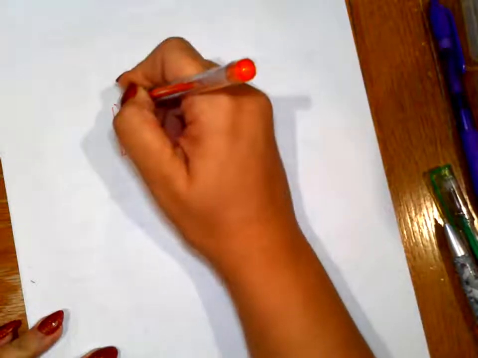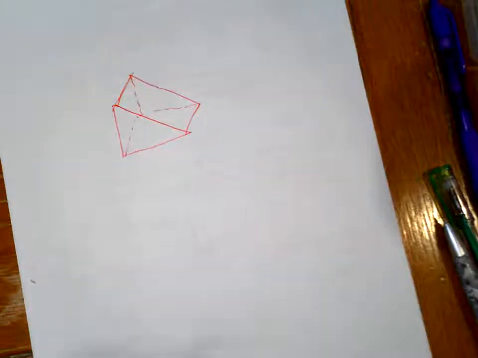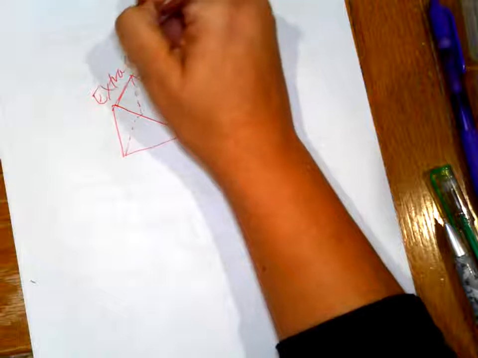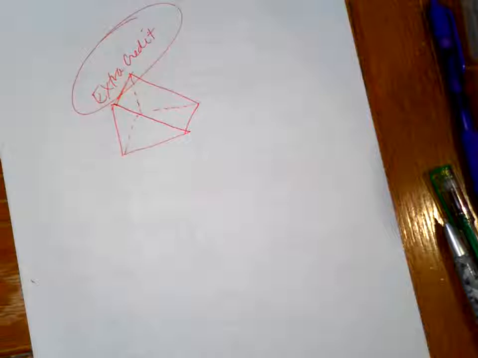Okay, so where your base is a triangle in front, and you'll have to calculate the surface area of that. That's the extra credit. So if you want to study that, you can do that, but I'm not helping you with that tonight because that's extra for those of you guys that are extra.